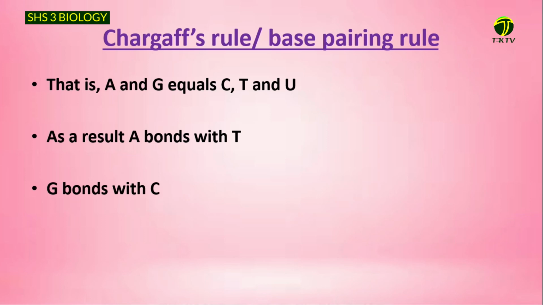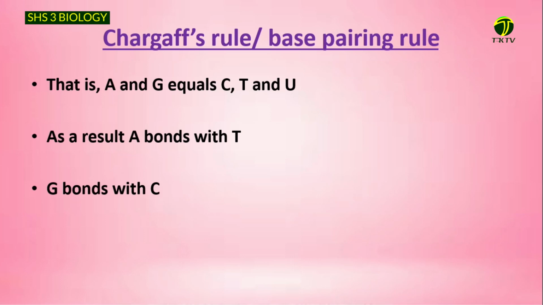So, based on the rule, always we will see that the bond formed by A will be connected to T, that is thymine. Then the bond formed by G, guanine, will be connected to C, cytosine.